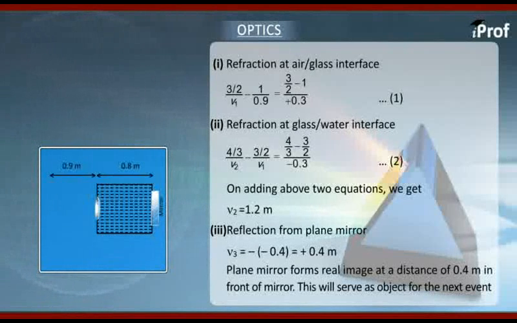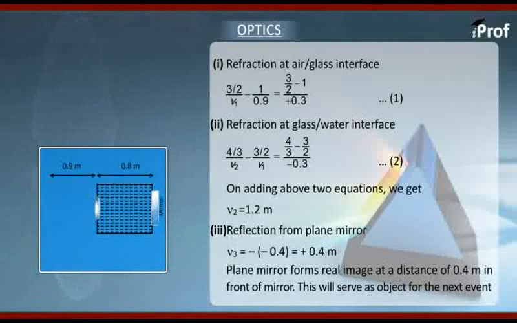Now when we add these two equations, we see that v1 is eliminated. That's the point for not calculating these equations completely. So when we add these two equations, we get the value of v2, that is the image distance after two events, air glass refraction and glass water refraction. We get the value of v2 as 120 centimeter.